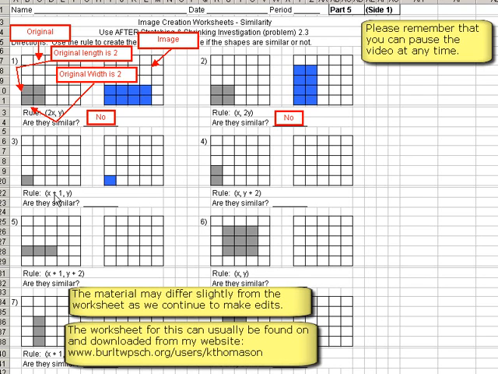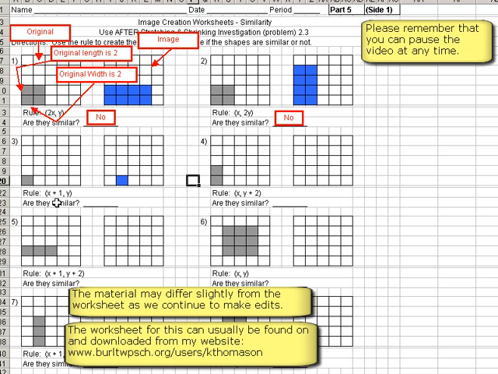And since we're adding 1, when we count on a number line, or even on our coordinate grid, the positive numbers go towards the right. So since we're adding 1 to the x, we're going to move the new figure, or the image, one space, and since this is a plus sign, one space to the right. So our resulting answer is just pushed over 1.